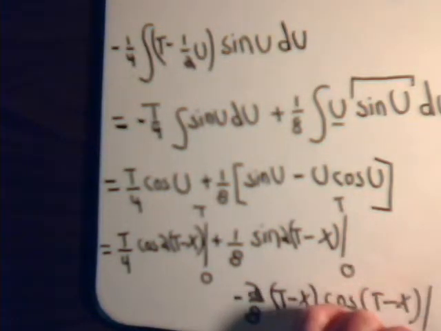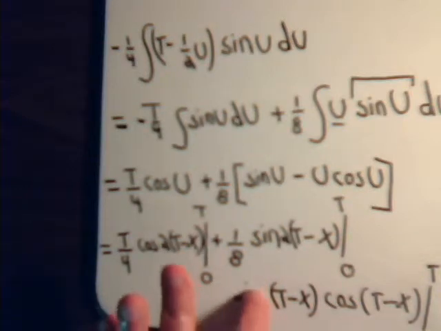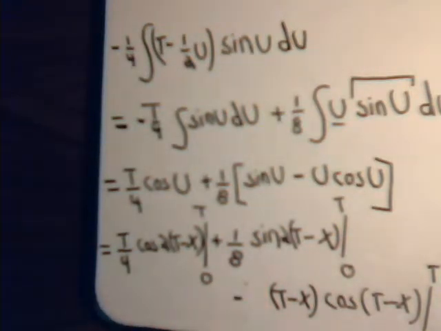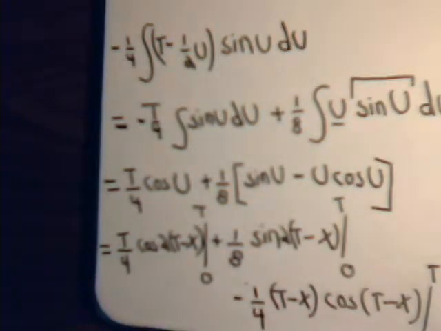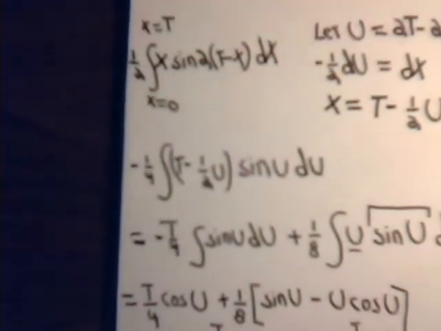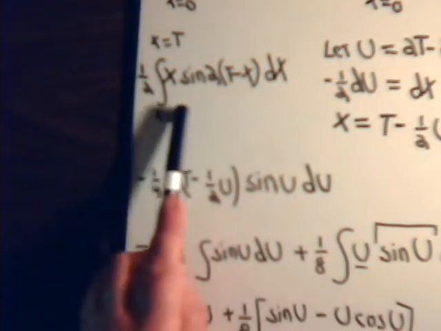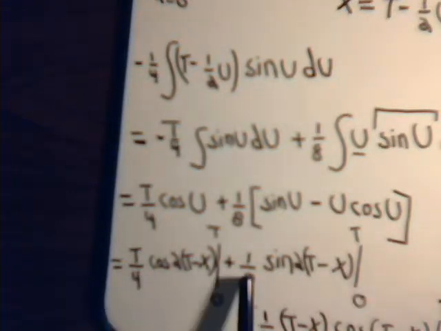X has the limits going from 0 to t, and this will be 1/4. So what we have then is this integral is equal to this term plus this term minus this term.